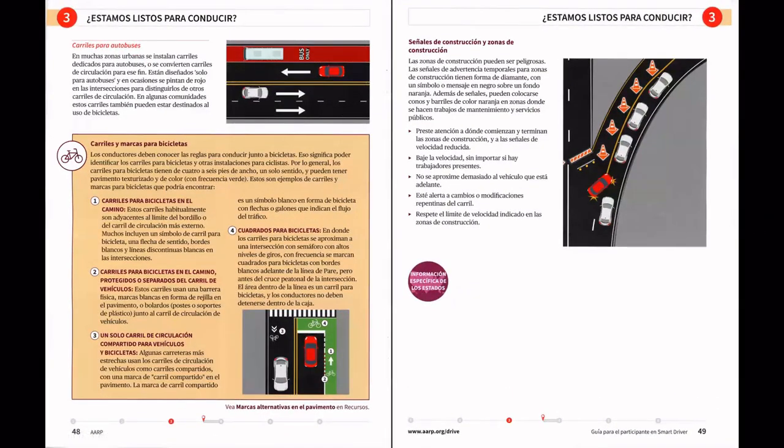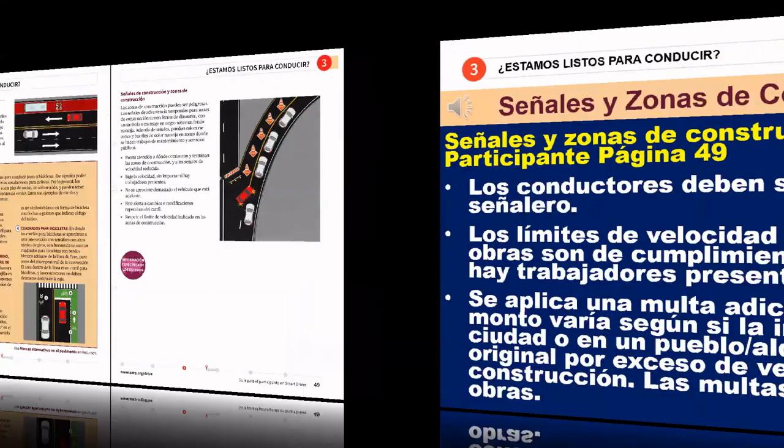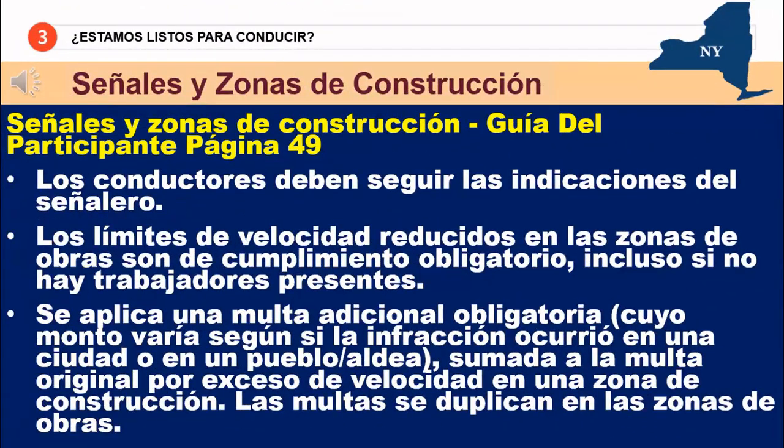Here's the guidebook that I scanned, page 48 and 49. And 49 has the little información específica los estados, that infamous little circle that says you need to go to the state specific. So I created a slide after this one in my PowerPoint where I copied and pasted page 49.